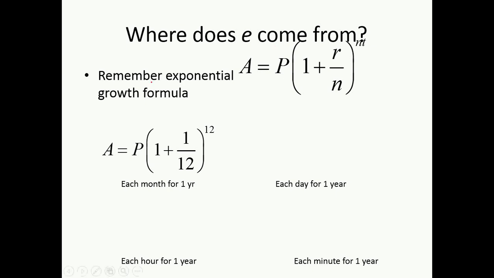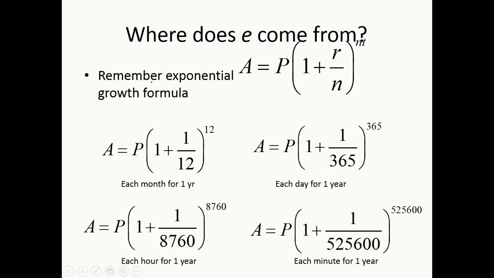Well, what he started to realize is as he created those formulas and started computing the information, it got really strangely close. So I put my answers here for each of these. It started to get really close to Euler's number, or e, 2.718. And he went, that's kind of interesting.